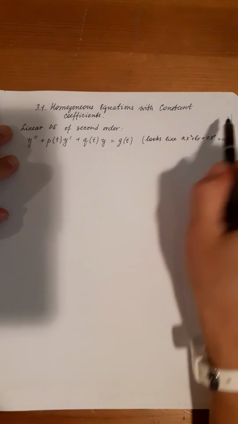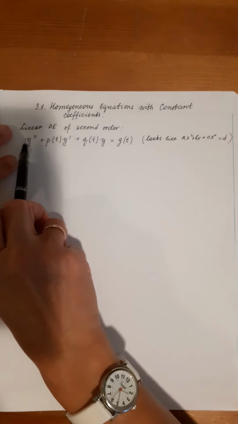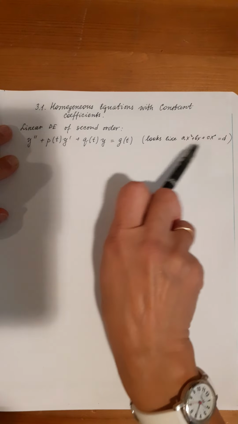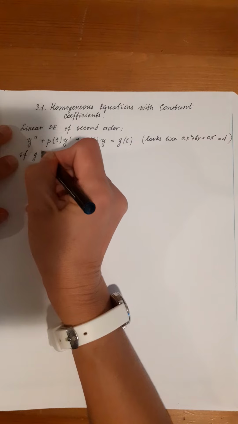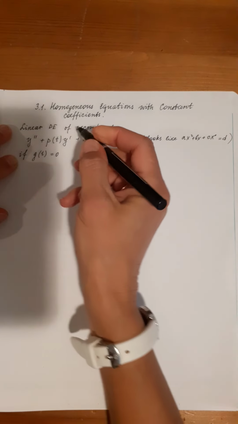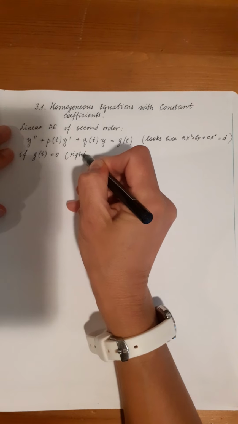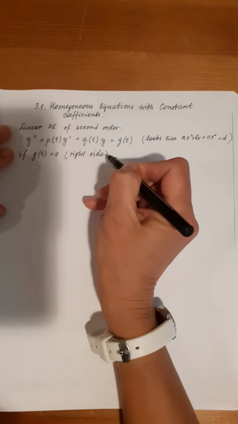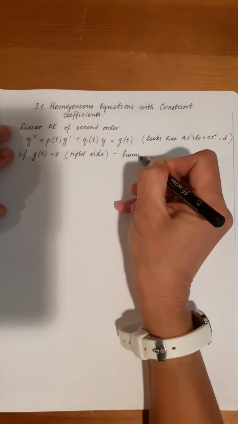A, B, C, D: A is this coefficient, B is this coefficient, C is this coefficient, they all can be functions, and D can be a function too. So if g of t is equal to 0, the equation is called homogeneous.